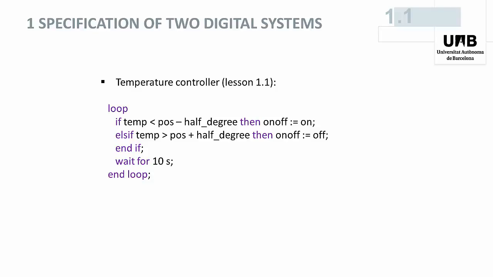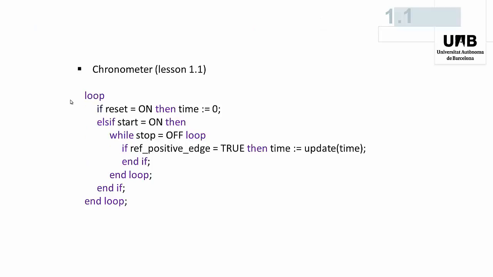The first one was a temperature controller executing this algorithm. The second example was a chronometer executing this other algorithm.